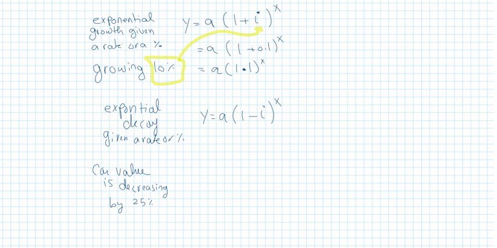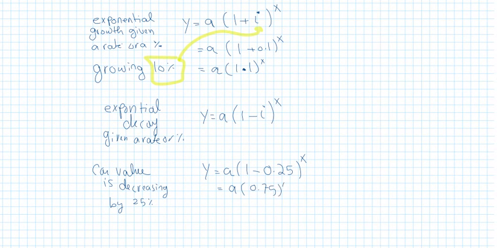So what goes into that i? 25%, divided by 100, which is 0.25. So it's going to be a times 1 minus 0.25 to the power of x. Right? And if I subtract this, that's going to give me 0.75 to the power of x.